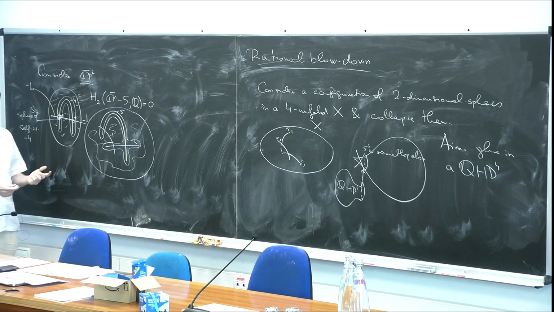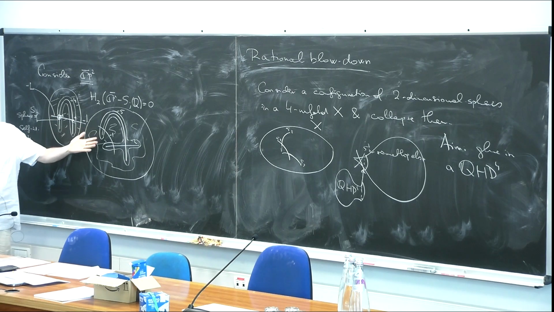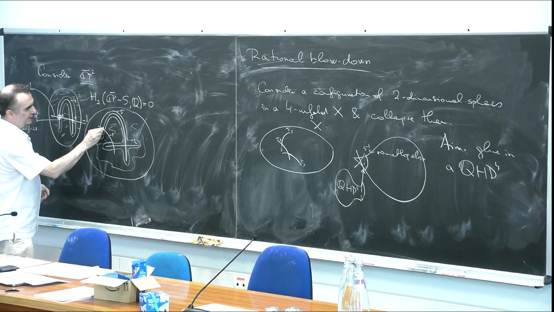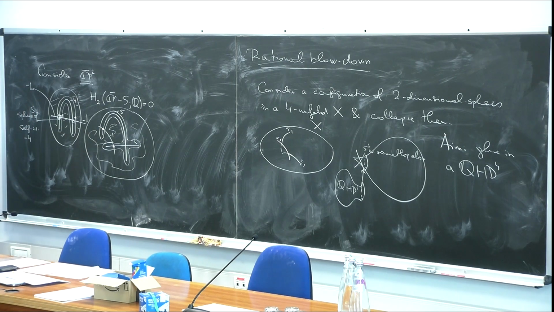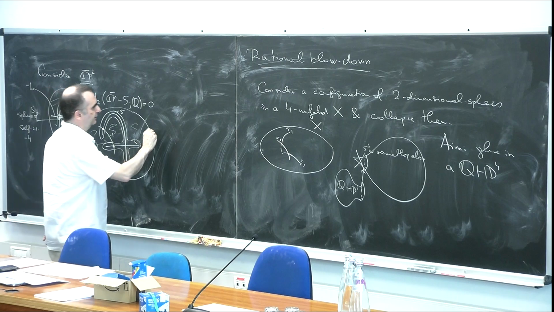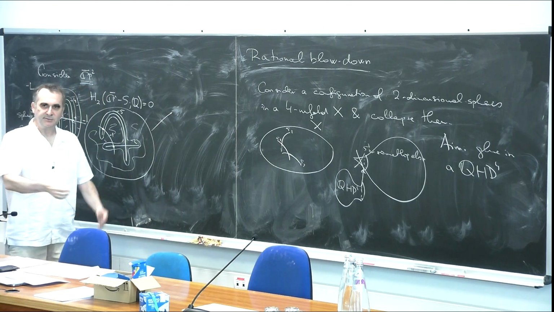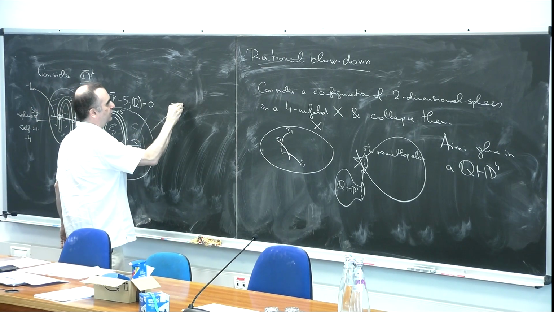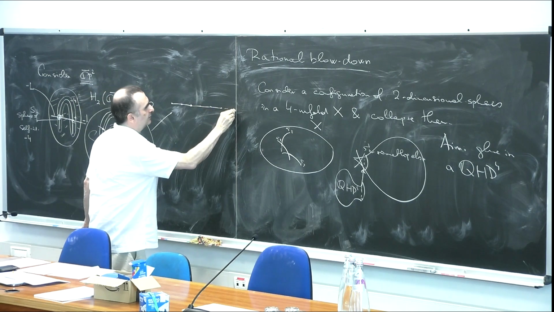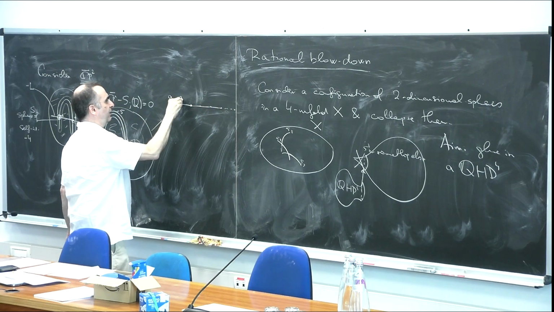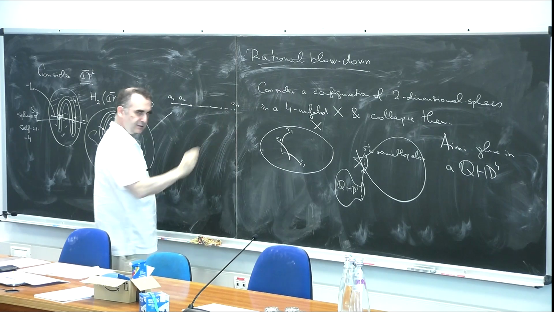I always have a choice which point to blow up. In the first step, it doesn't matter. You will get the same configuration. But for example, here, you can blow up either this point or that point and just keep doing that. So it's a little exercise that at the end of the day, by doing it n times, you get a configuration of spheres which intersect each other along a chain with self-intersections A1, A2 up to AN.